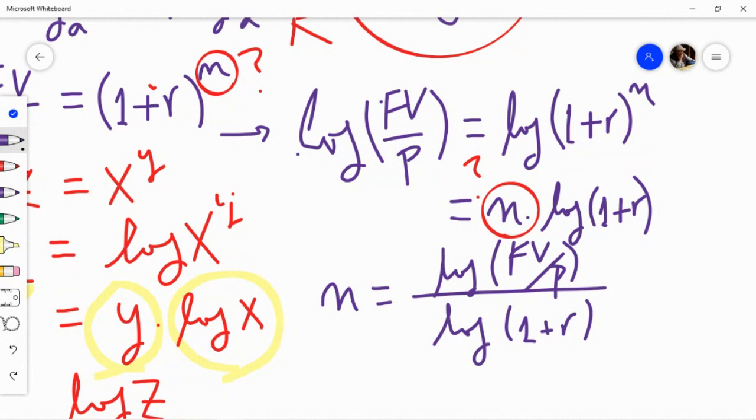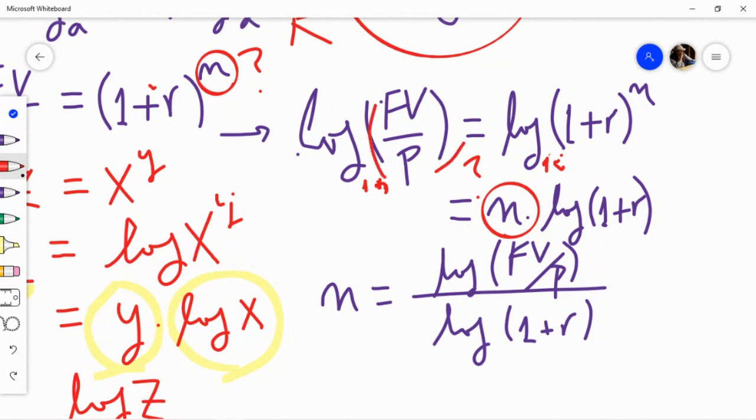If you use common log, that means these numbers, if let's say it is common log, like base 10, then we have a problem. I mean, we have a little concern.